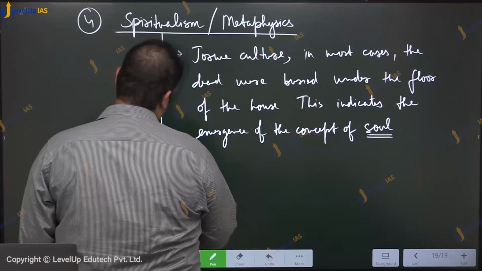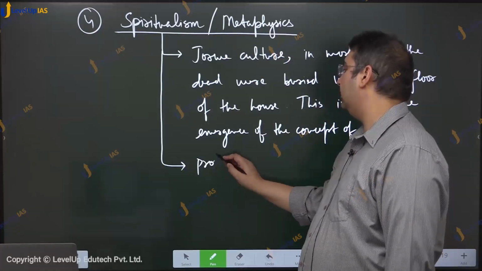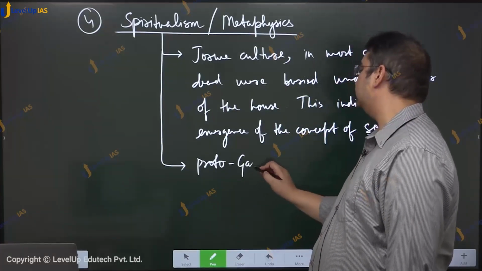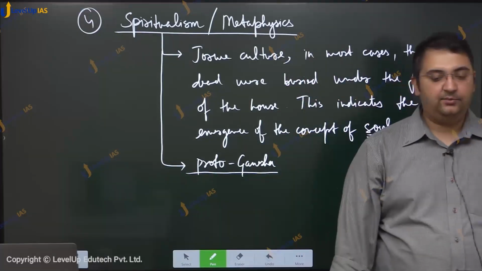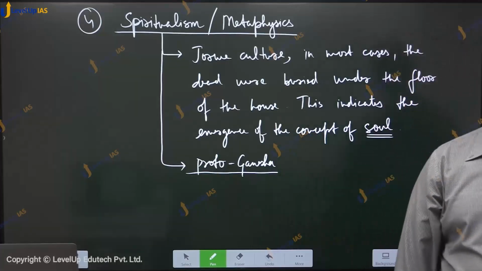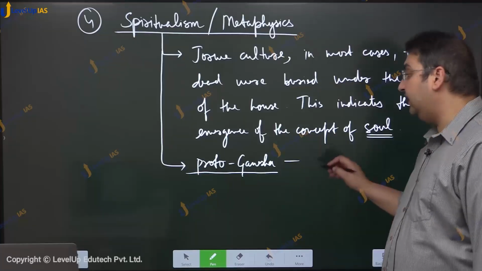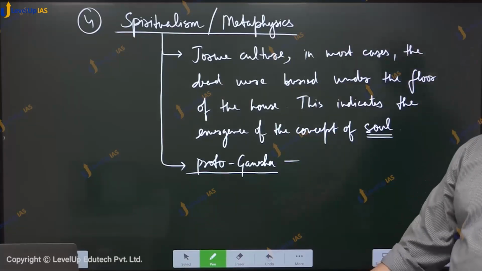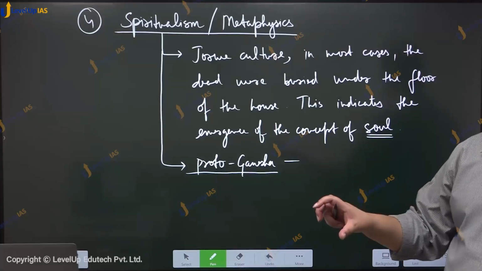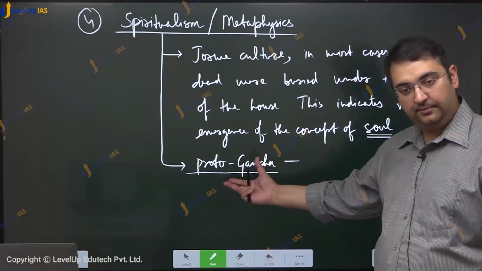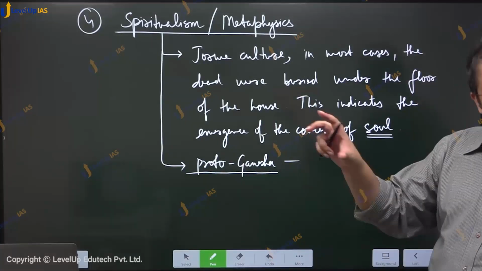Secondly, the emergence of deities such as Proto Ganesh, who was part human, part animal. What does this tell us? That human beings had now started to weave their own stories with regards to their gods and goddesses. They had started to create mythology, right? क्योंकि इस तरह का being, part animal, part human, for him to come into existence, he must have undergone through some process, na?